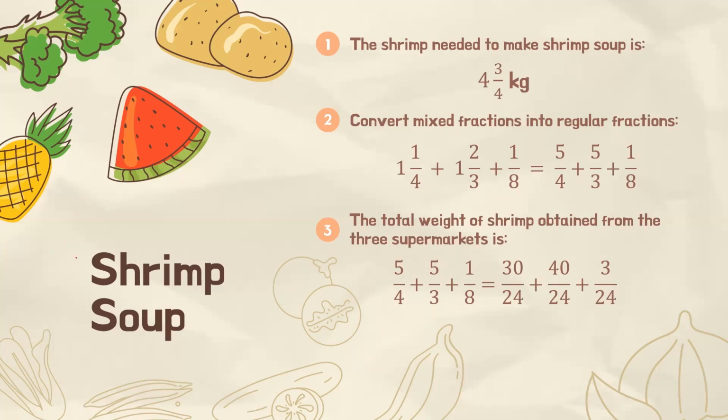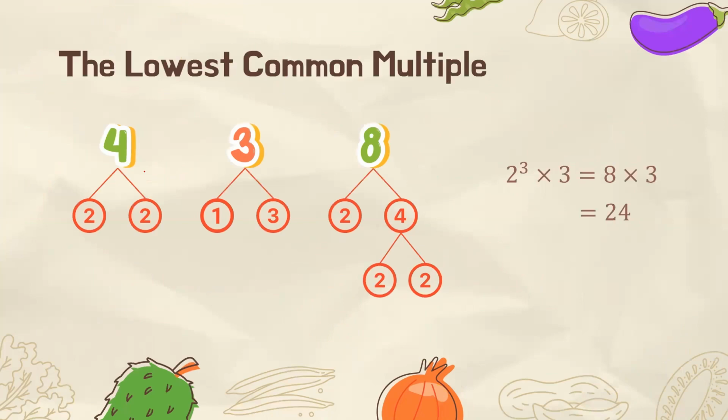To add fractions with different denominators, we must determine the lowest common multiple of the 3 fractions, where we can determine the lowest common multiple of 4, 3, and 8 by using a factor tree, where 4 has a factor of 2 times 2, 3 has a factor of 1 times 3, and 8 has a factor of 2 times 4, which is then factored again into 2 times 2. So, it can be written that the factor of 4 is 2 squared, the factor of 3 is 3, and the factor of 8 is 2 to the power of 3.